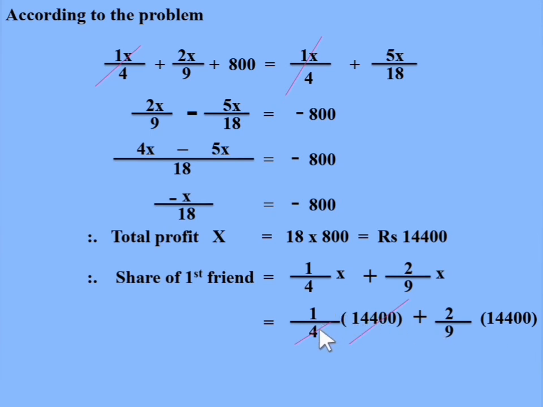So we have to divide 14,400 by 4, which is equal to 3,600 plus, and we have to divide 14,400 by 9, we get 1,600, and this is multiplied by 2.